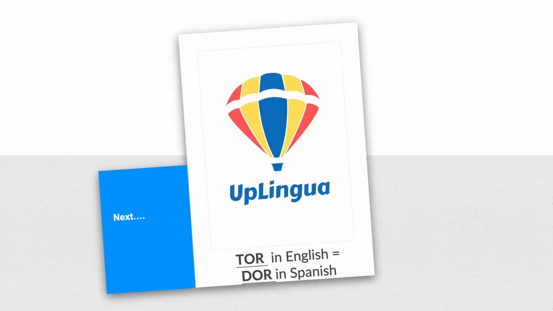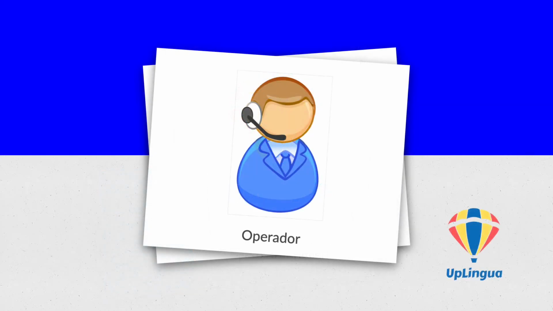TOR words in English become DOR words in Spanish. Tor becomes dor. Operator becomes operador. Repeat after me. Operator becomes operador.